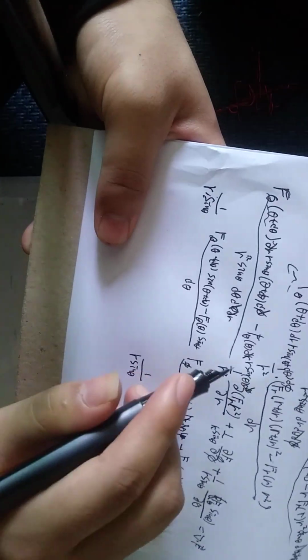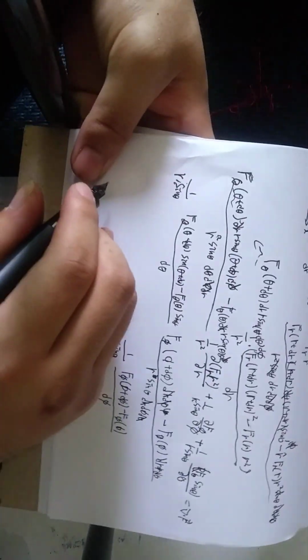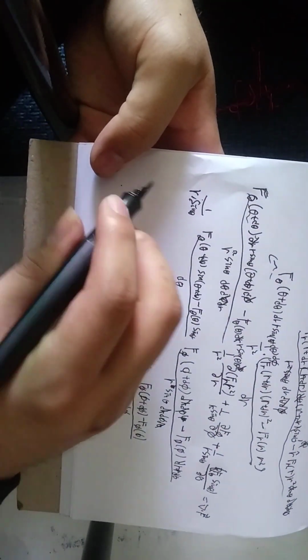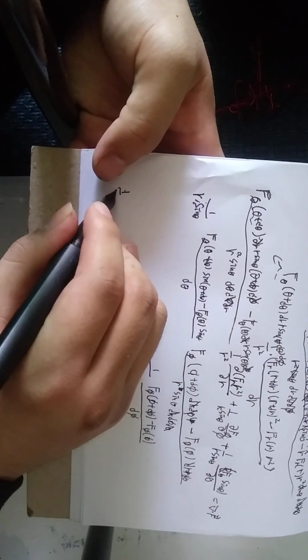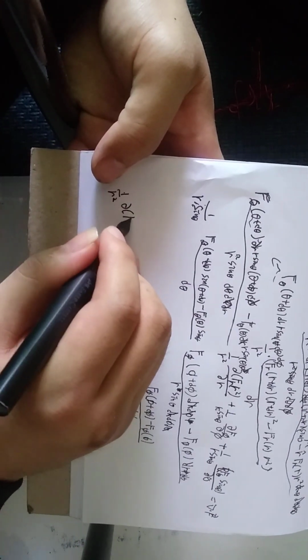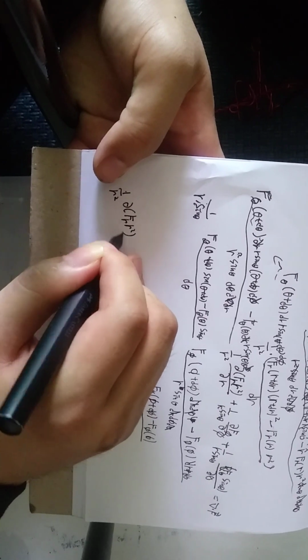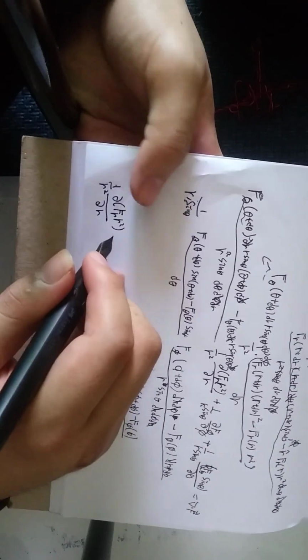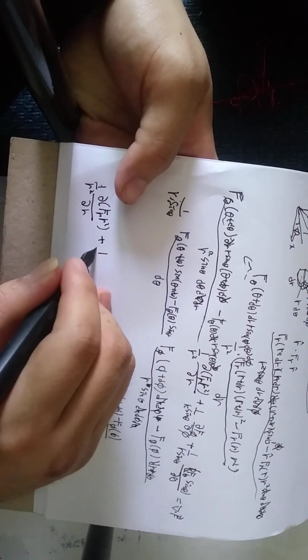Now I'm sorry it's so dirty, so let me rewrite it cleanly here. 1 over r squared, partial derivative with respect to r, plus 1 over r.